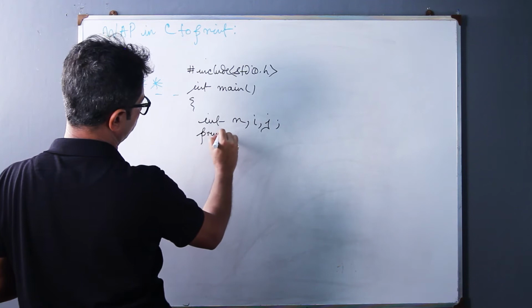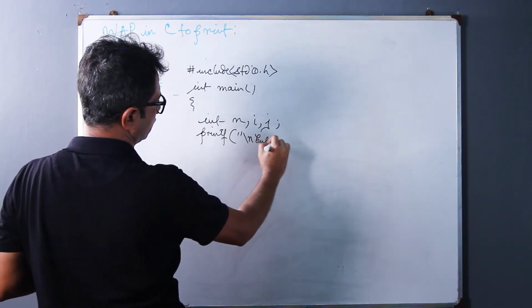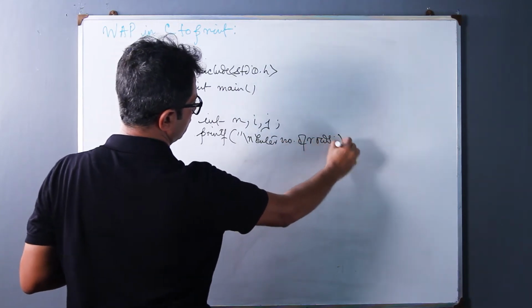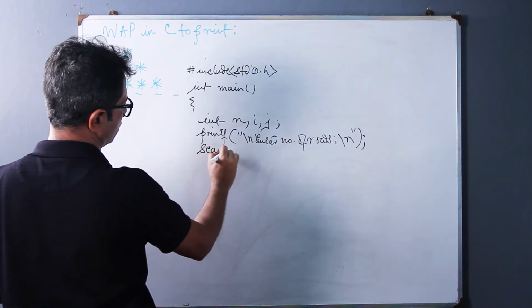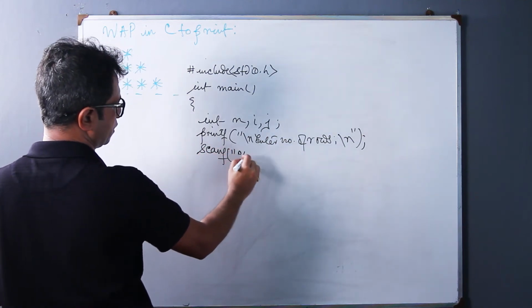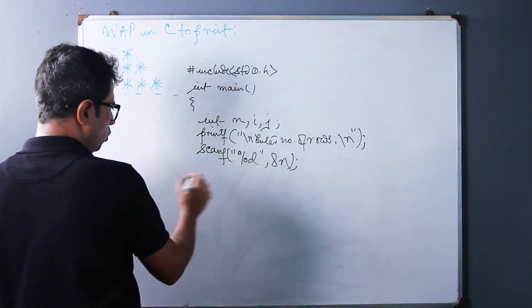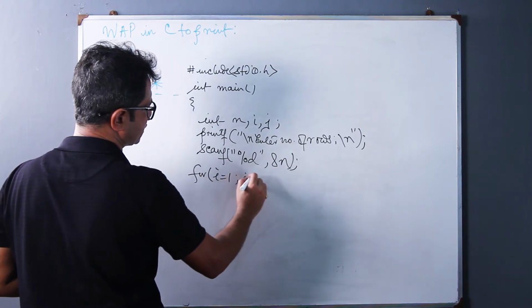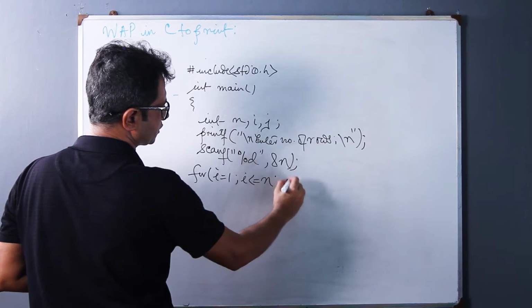Printf "Enter number of rows\n", scanf "%d", &n. Now we write for i is equal to 1, i less than equal to n, i plus plus.